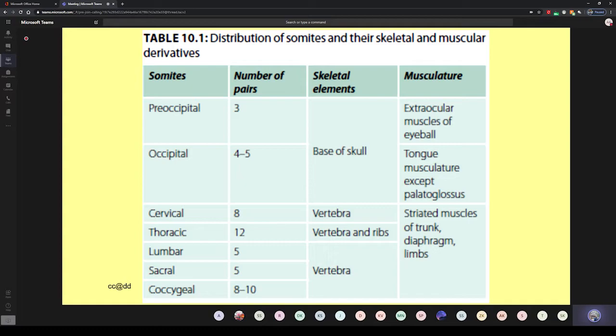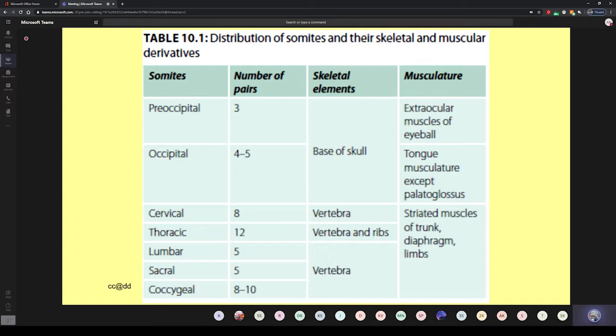In the table which is put up here, you can see the word somite. Somites are sometimes asked as short notes. What are somites? Somites are derived from paraxial mesoderm by their condensation. What are somites going to form? You can see here what they are going to form: the skeletal elements and the muscular elements.